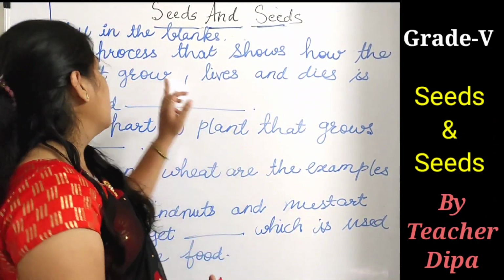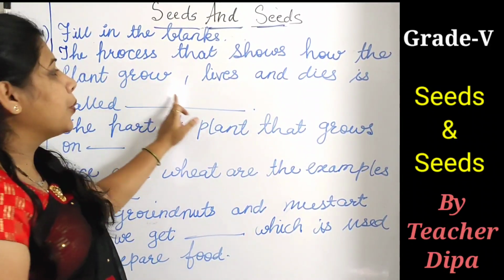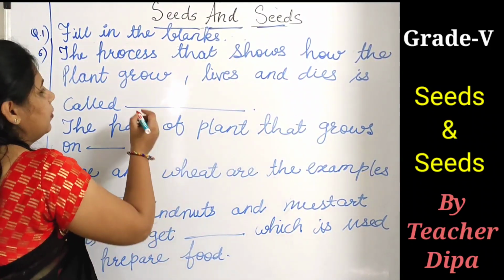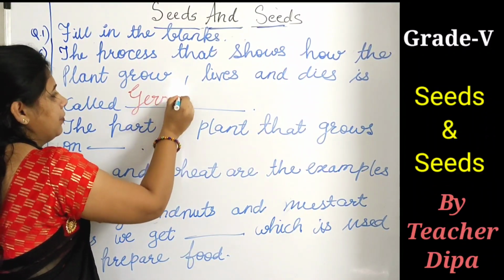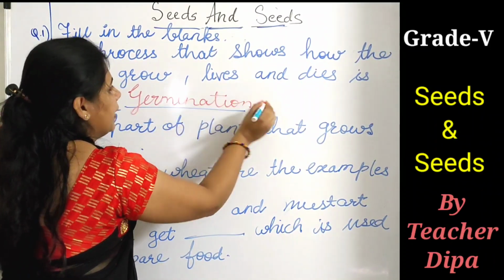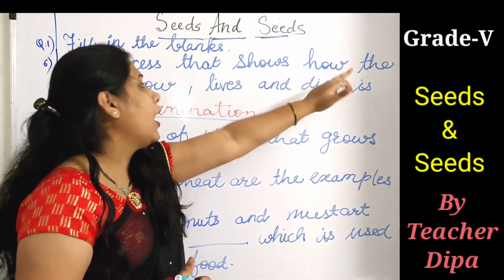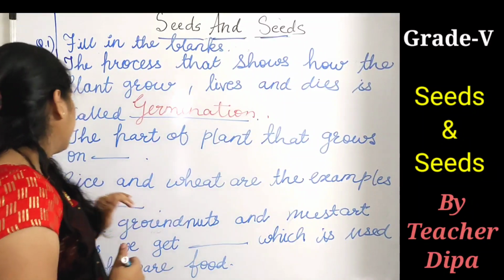Next is the process that shows how the plant grows, lives and dies is called dash. The answer for that is germination. We can say germination is the process by which it shows how the plant grows, lives and dies.